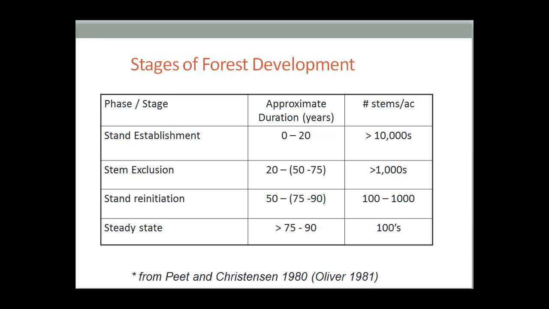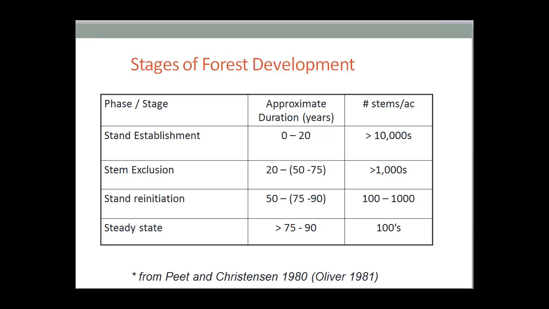And so this is a pattern that's seen in forests throughout the United States, whether it's the Northeast or the Southeast or the Northwest. This is a fairly common pattern. The numbers that I'm providing in this chart would be appropriate for a northeastern forest. And there's always going to be a range because there are changes in the environment that would dictate how rapidly one stage is completed and the next stage is entered.